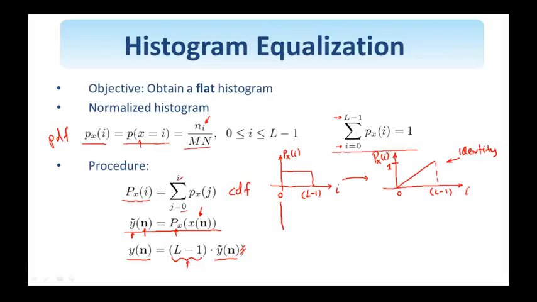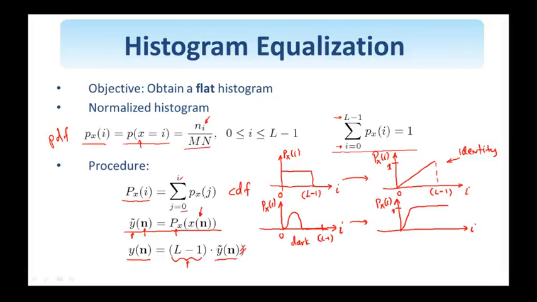Now let's look at an image that has a histogram that looks like this. This is again the normalized histogram, or the PDF. So this means that this is a dark image. It has high concentration of low intensity values and no high intensity values. This is the maximum value. And if I form the cumulative distribution of this, it's going to roughly look like this.